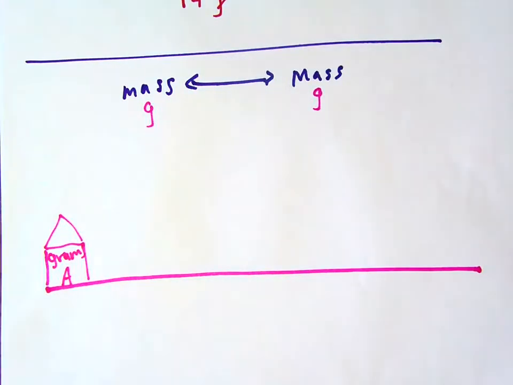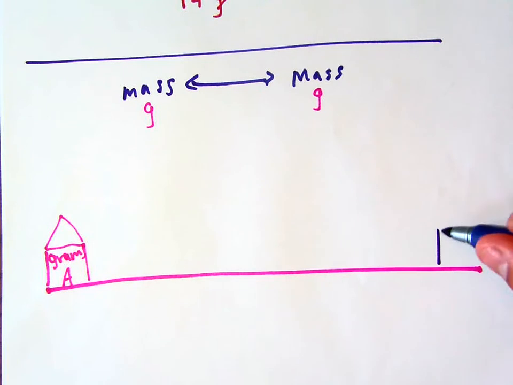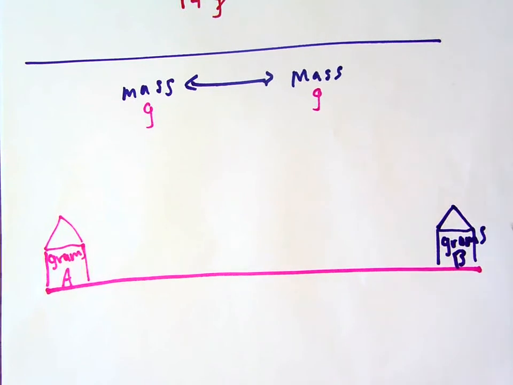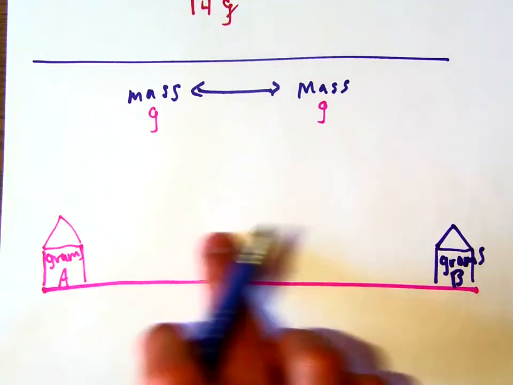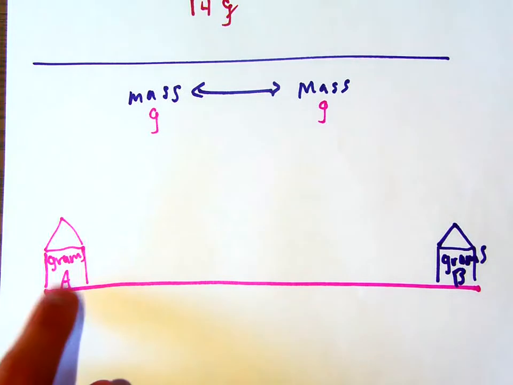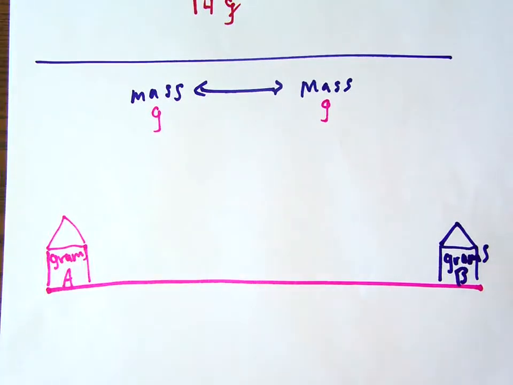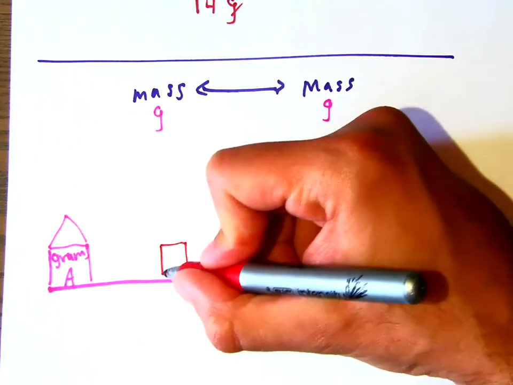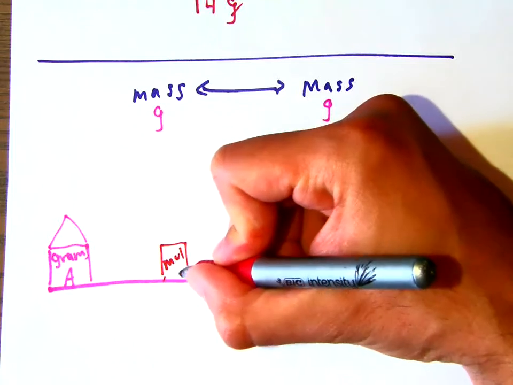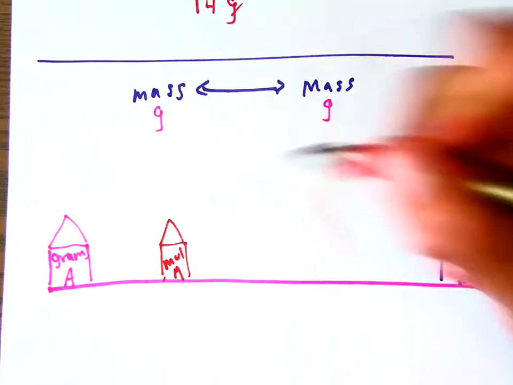You want to end up at grams of the product or the reactant. We'll just name that B for now. I can't go directly to this house because there are some things I have to do first. First, I have to go from grams to moles of A.